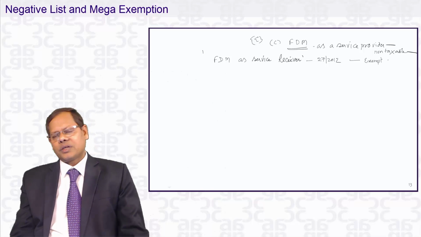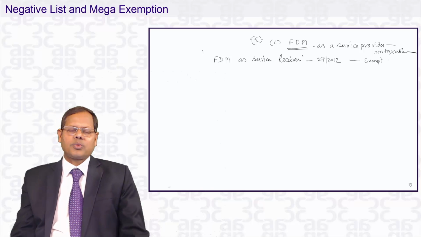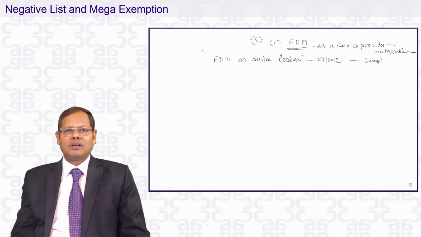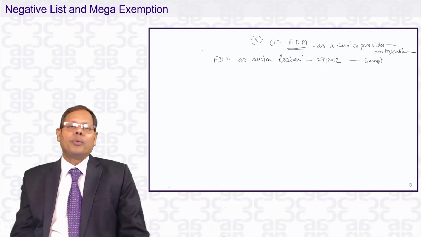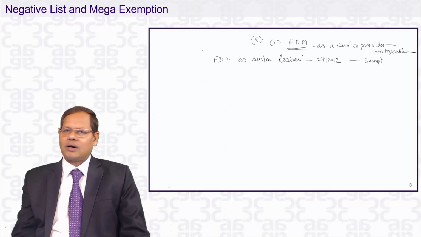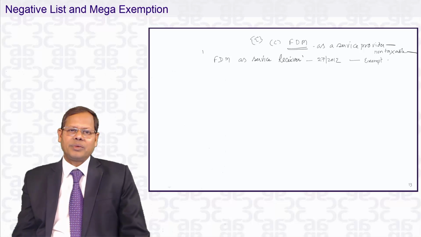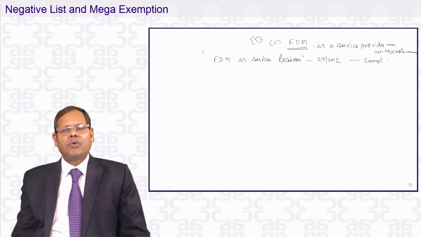So except those services, all other services provided by governmental authority or local authority are in the negative list. But remember, even the postal services are in the negative list if they are provided to a government, not local authority. So that's how we have seen. And also we have seen RBI services and we have seen foreign diplomatic missions.